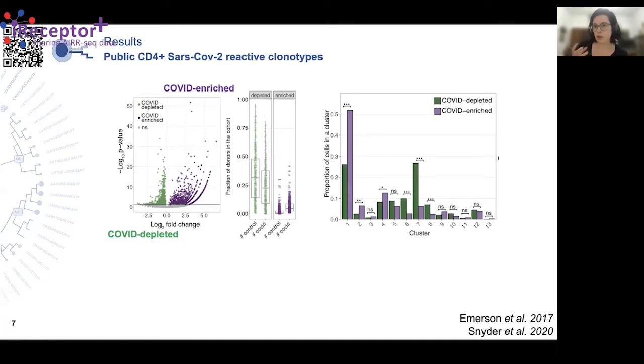The reason why we find COVID enriched clonotypes in the follicular compartment is that we think these are the ones that mostly responded to the disease, or that drive the response to the disease.